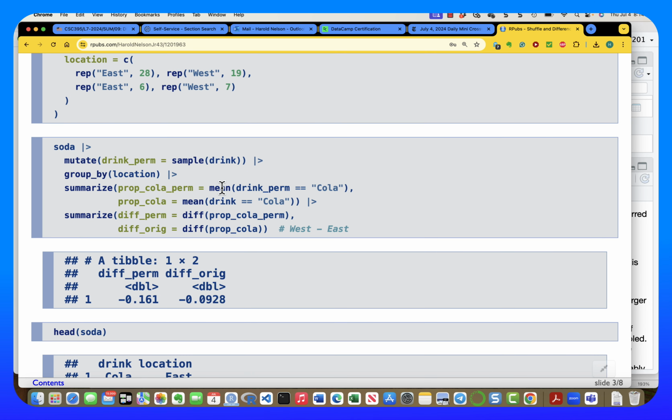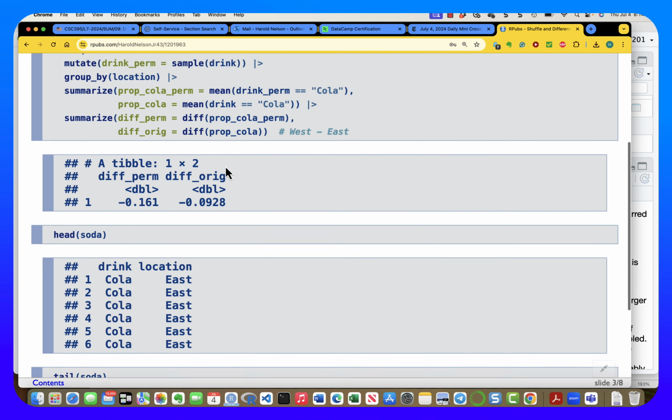And this is the core piece of code that we need to understand. Instead of doing all this piping, I'm going to leave some pipes there, but I'm going to walk through this step by step and show you what happened.